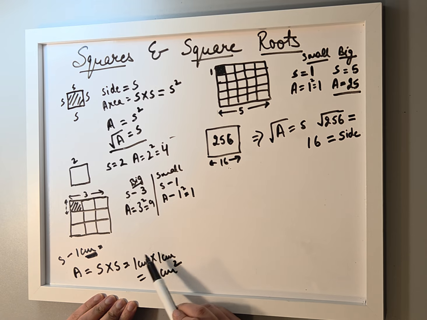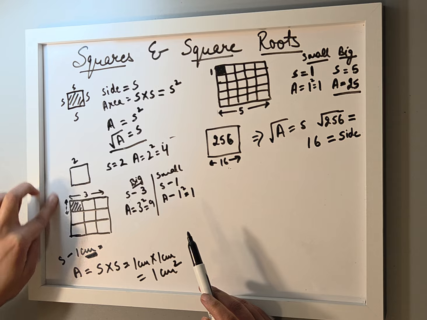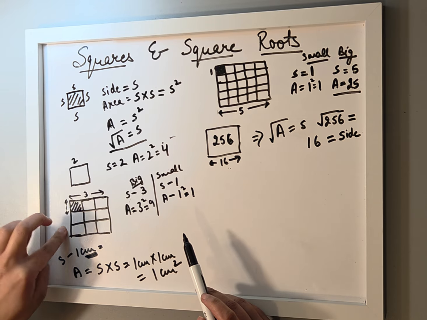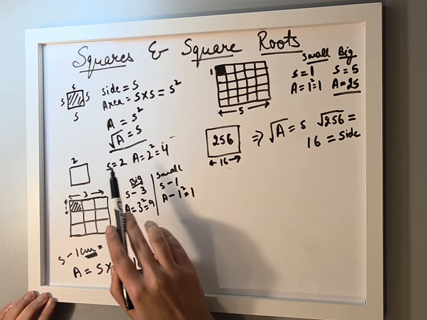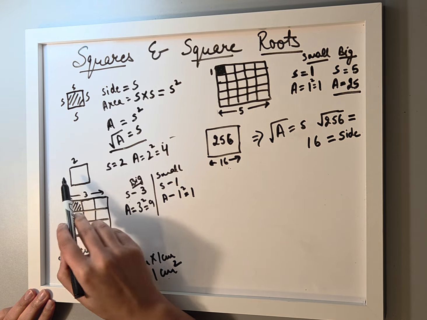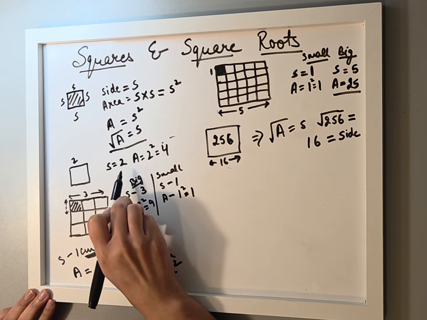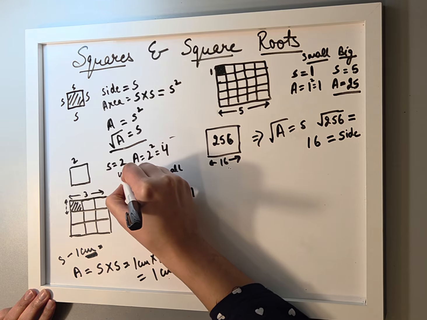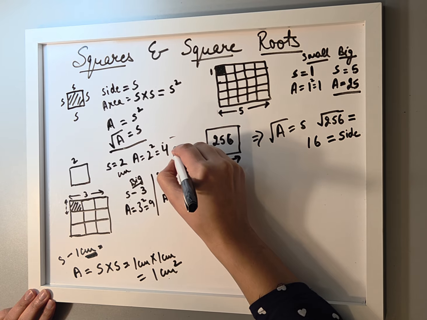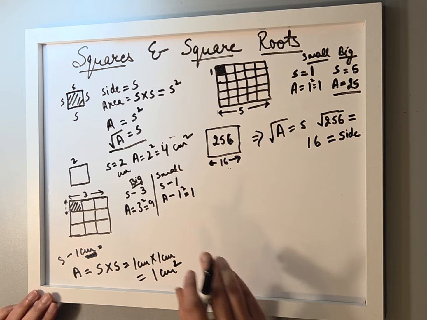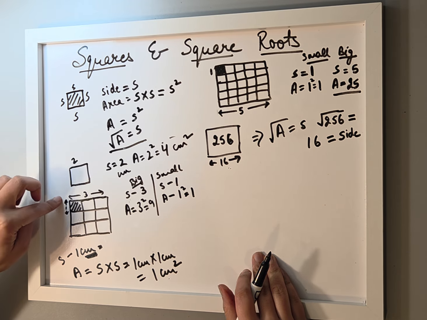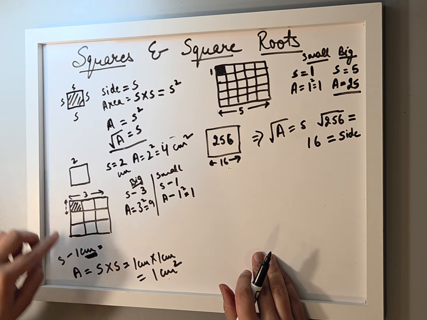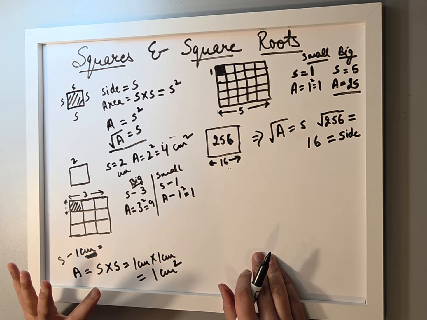Because the units will also get multiplied. So the side length will be the unit, but the area will be the square of the unit. Similarly, if the side was 2 centimeter, then the area will become 4 centimeter square, because side doesn't come only with the number, it comes with a unit as well.